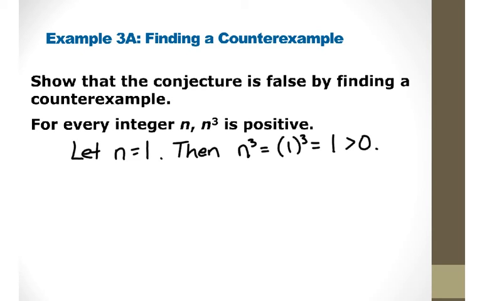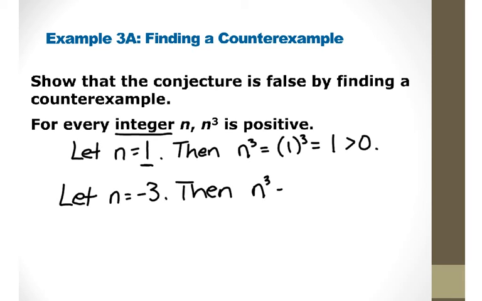But let's find a counterexample. For integers, it doesn't just include positive numbers, it also includes negative numbers. So let n equal -3. Then n cubed is equal to -3 cubed, which is -3 times -3 times -3, which is -27.